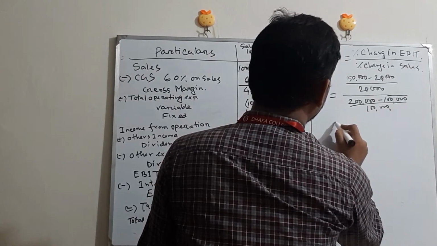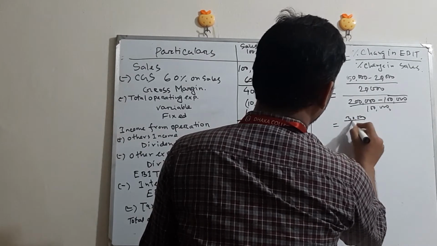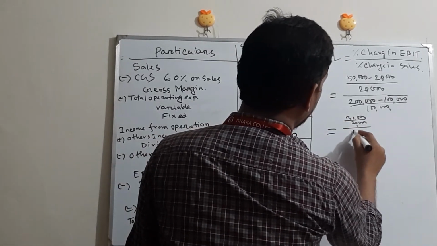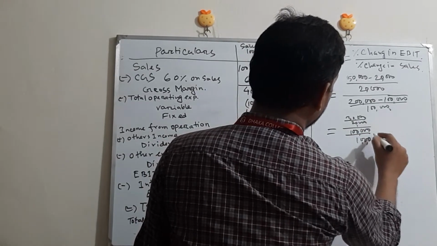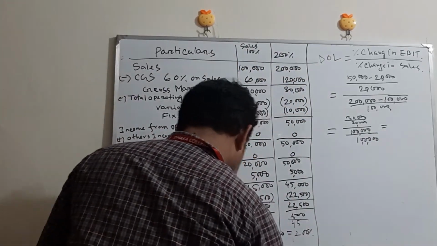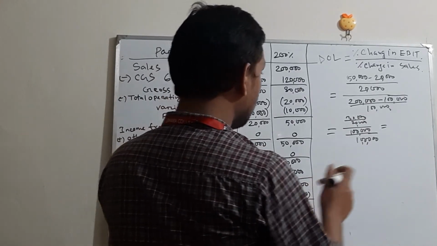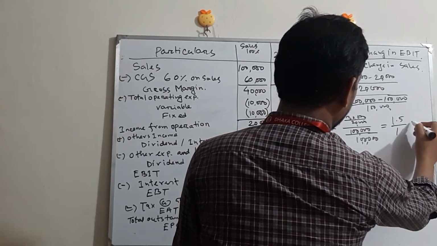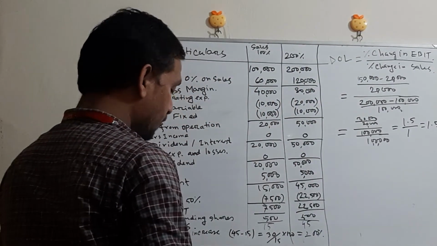So 30,000 divided by 20,000 taka is 1.5, divided by 1 lakh divided by 1 lakh, which is 1. So it is 1.5.